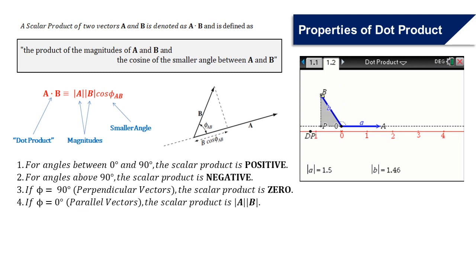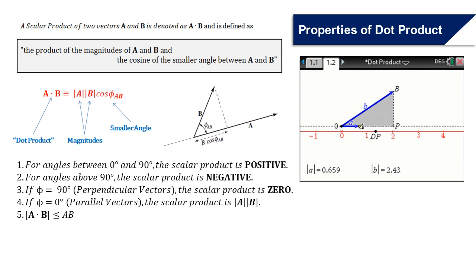Fourth, if the angle between them is 0 or if the vectors are parallel, the scalar product is simply the product of their magnitudes. Okay? So, scalar product is 0 kapag angle is 90, and then scalar product is the product of the magnitudes if the angle is 0 or parallel vectors.